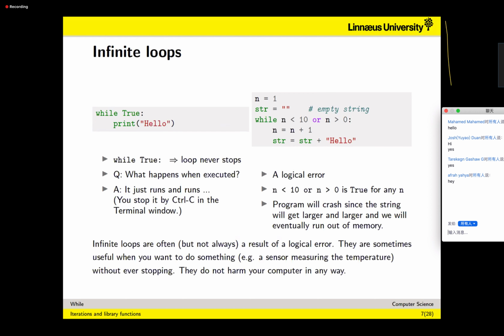But this program doesn't consume any memory. I assume that it will stop because you will just print out hello, hello, hello. Yeah, we will just print out, but we are not consuming any memory. So in this case, it runs and runs and runs. And you can stop it by pushing Control-C in the terminal window, but the program just runs.